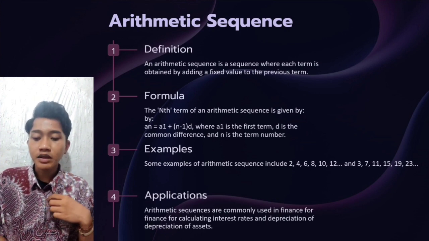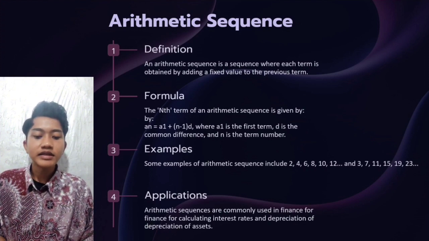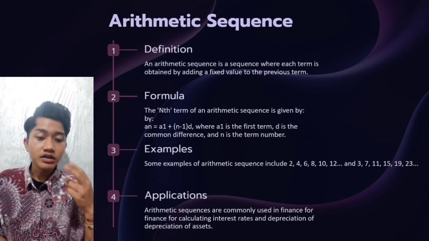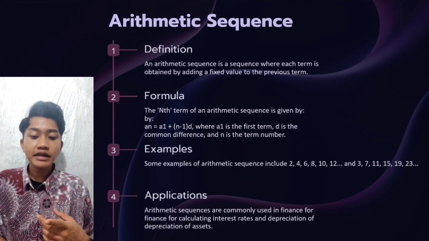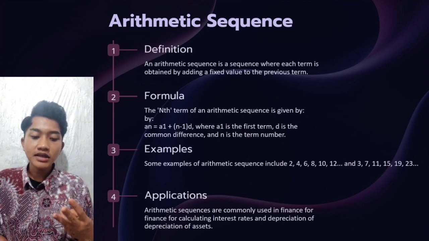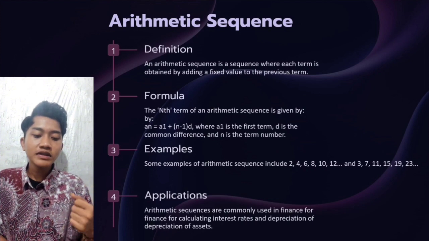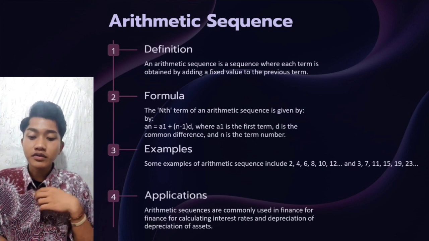Number 3, example. Some examples of arithmetic sequences include 2, 4, 6, 8, 10, 12, and 3, 7, 11, 15, 19, and so on.